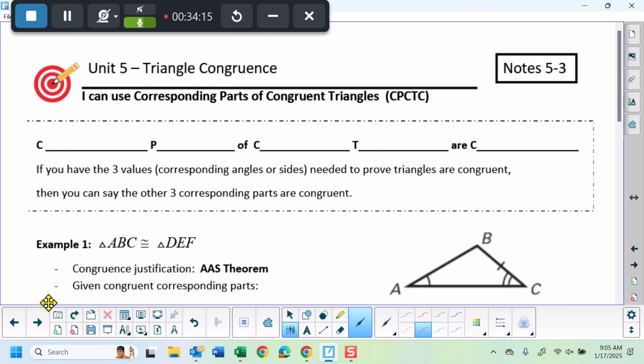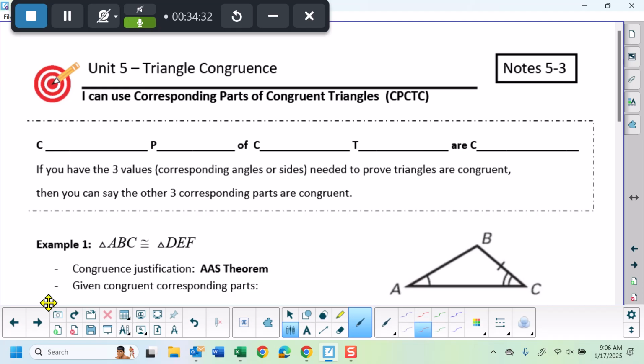Because once I use those 3 values to get my triangles congruent, I automatically know the 3 that I didn't know are also congruent. I'm given the other 3 as a present.